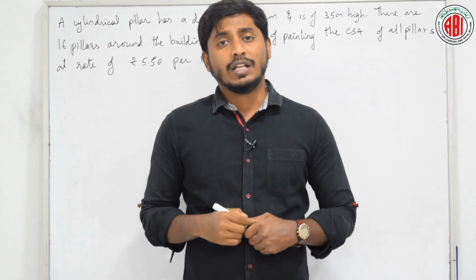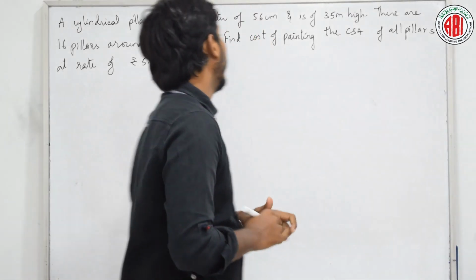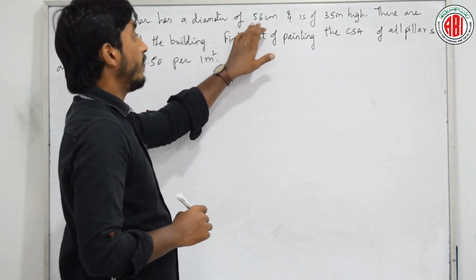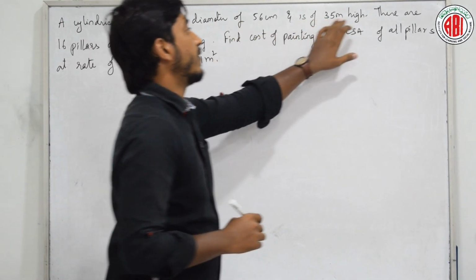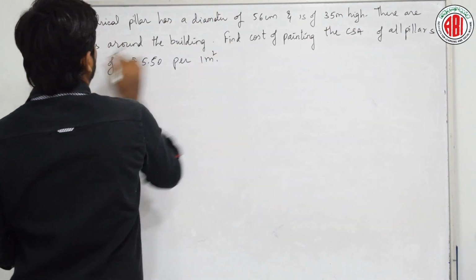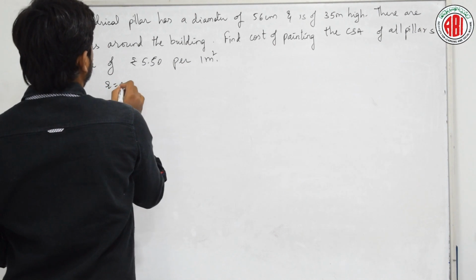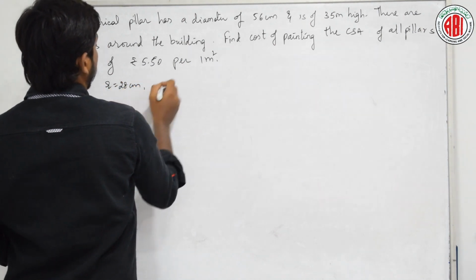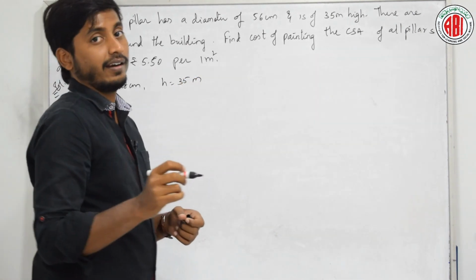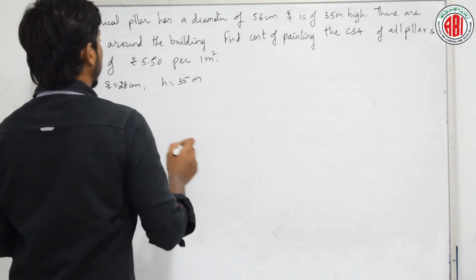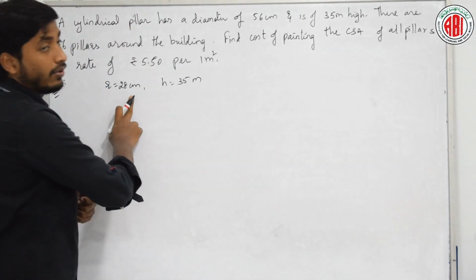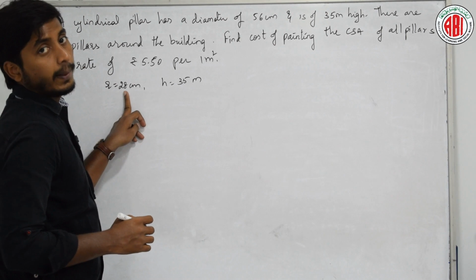Let's do. Look at the next question here. He gave a cylindrical pillar has a diameter of 56 centimeter and is of 35 meter high. What is given? Diameter is 56, therefore radius is 28 centimeter. Height is 35 meter. Convert this into centimeter or convert this into meter.